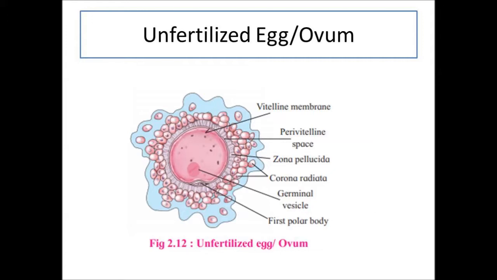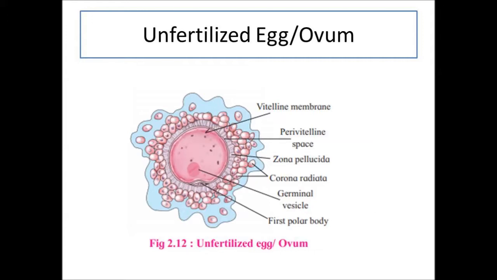These cells are derived from the innermost layer of granulosa cells. They are firmly held to the zona pellucida and to each other by hyaluronic acid, which is a mucopolysaccharide.